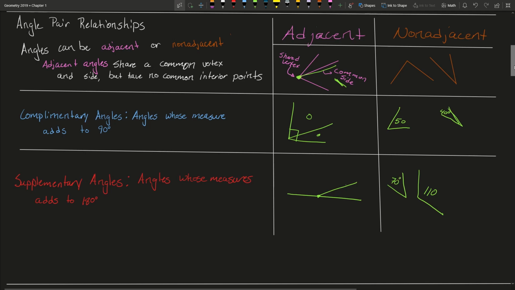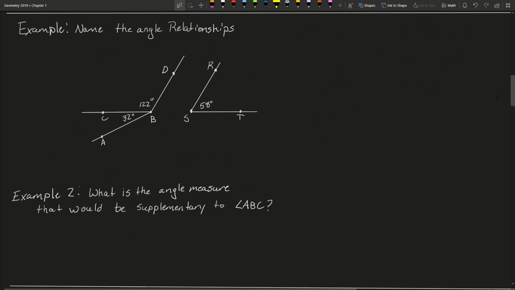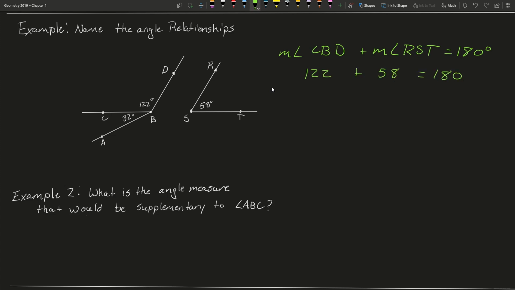So for example, let's say given this figure, we want to name the angle pair relationships. Right off the bat, I notice that the measure of angle CBD plus the measure of angle RST is equal to 180 degrees, because 122 plus 58 is 180.